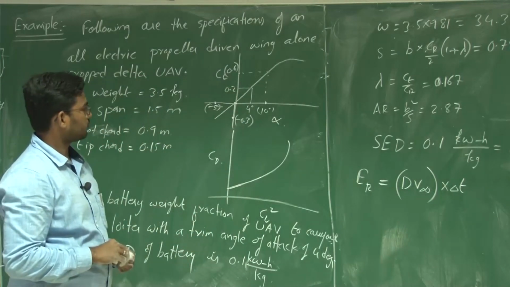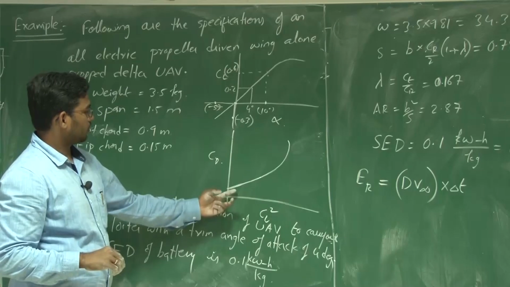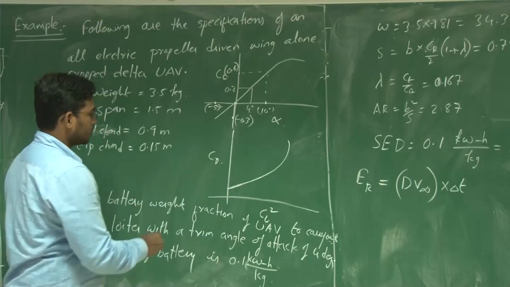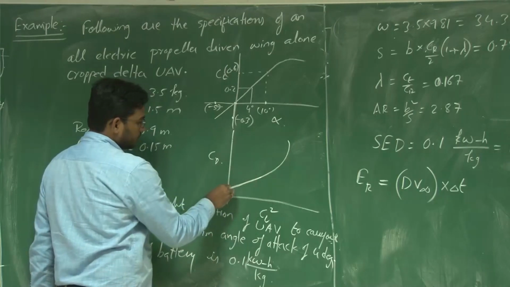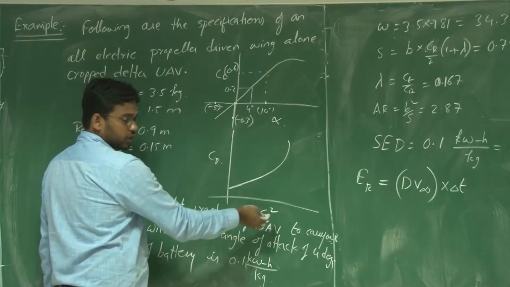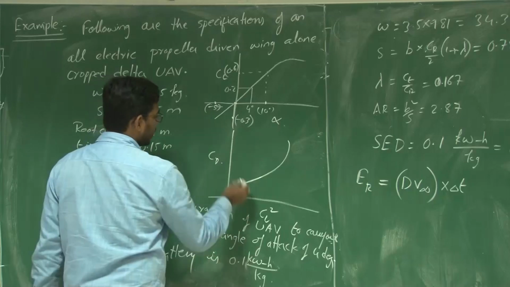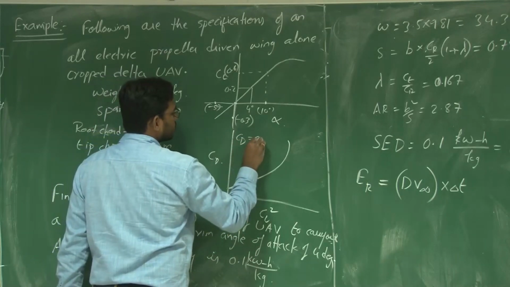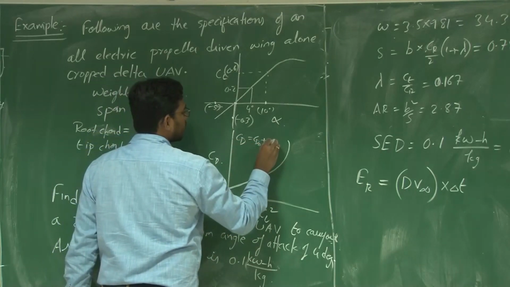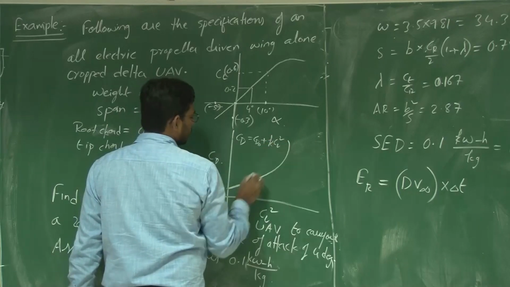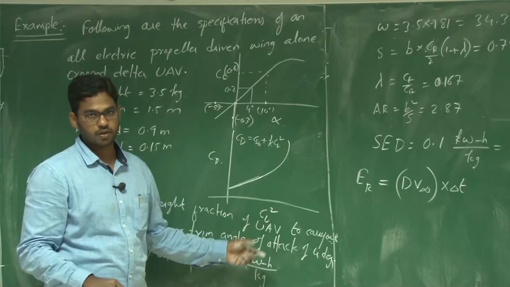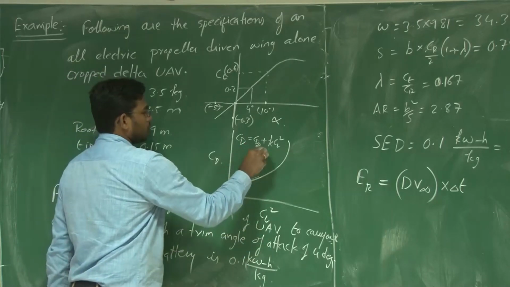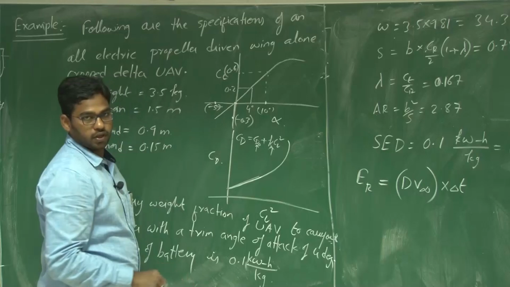This is CD versus CL square, which means in the linear regime it is like y equals mx plus c, a straight line, where CD equals CD naught plus k into CL square. This straight line gives you the drag polar, and you can find CD naught and k.